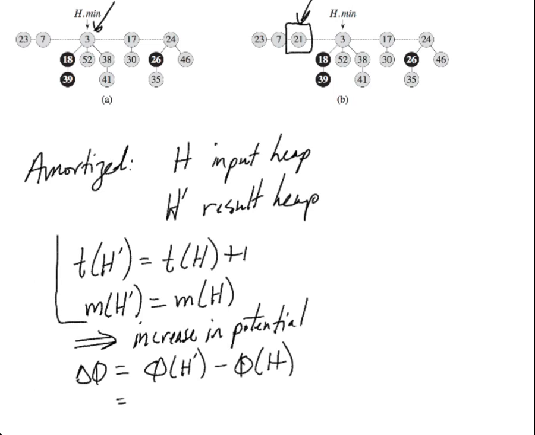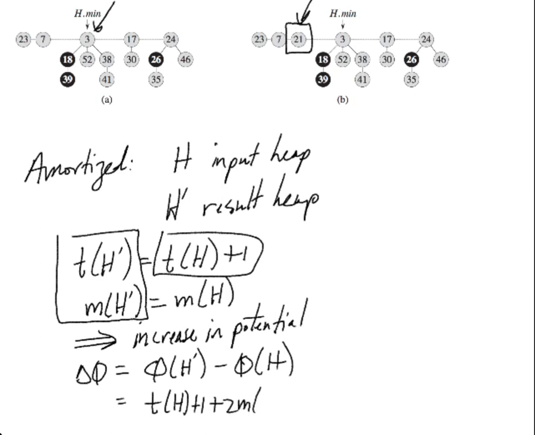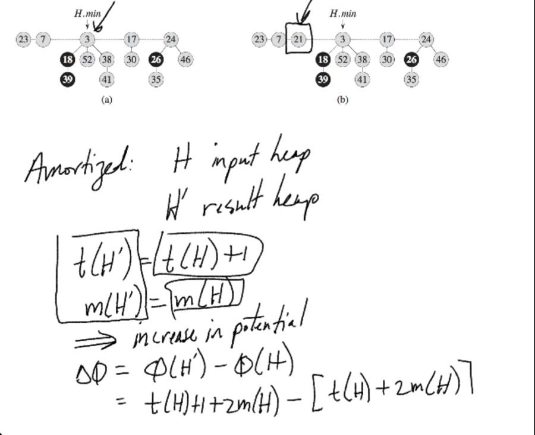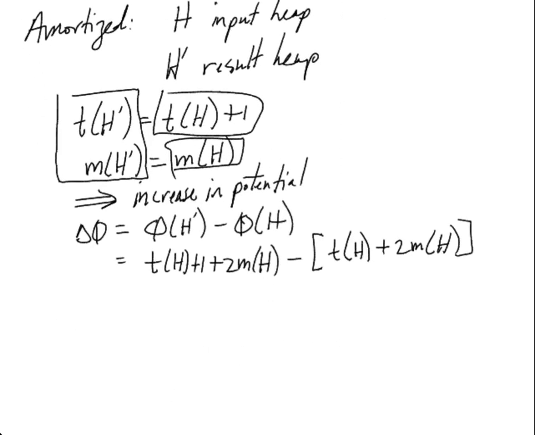So the new potential is T of H prime, which is equal to T of H plus 1, plus 2 times M of H prime, which is 2 times M of H, minus the number of root nodes originally, plus 2 M of H. And that is equal to, well, let's see, this cancels out, and this cancels out. So the change in potential is 1.